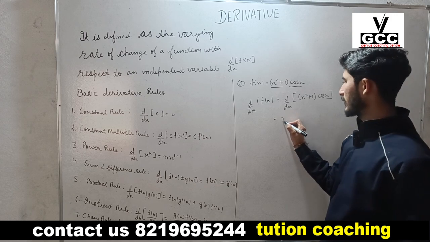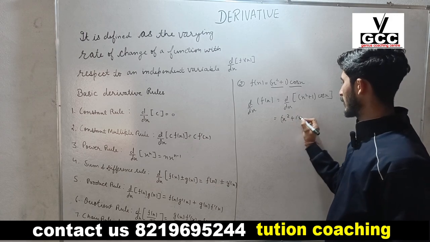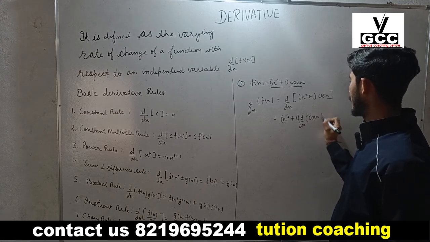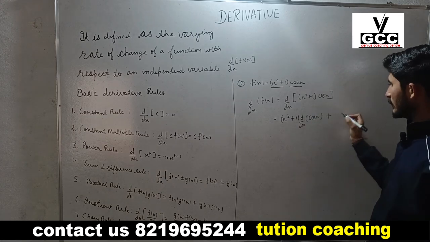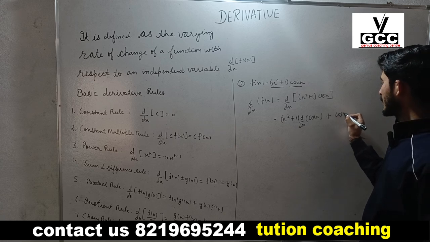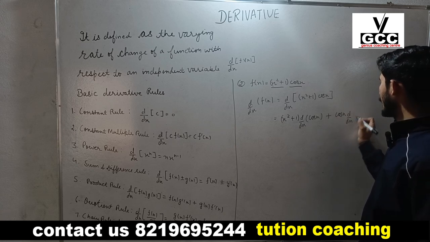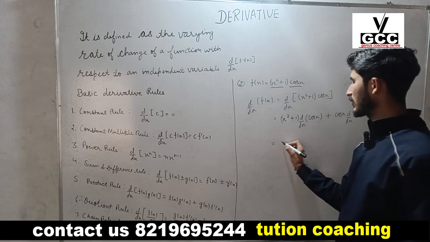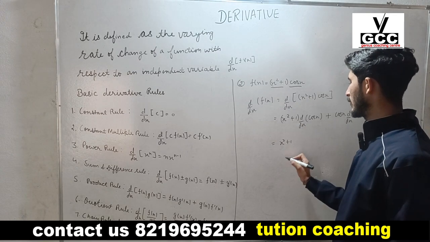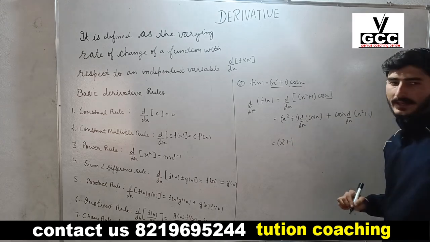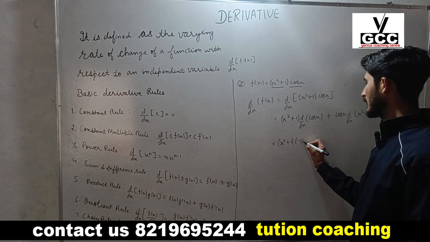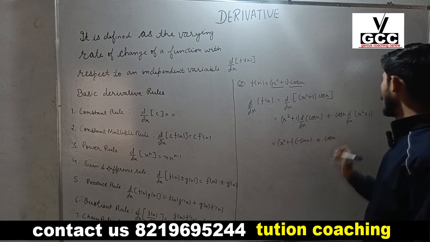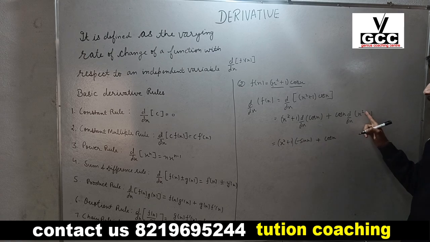The product formula says: first function as it is, derivative of second function, then plus second function as it is, derivative of first function. That is equal to (x squared plus 1), derivative of cos x is equal to minus sin x, plus cos x.